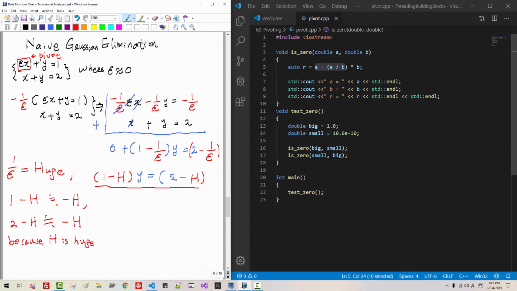So this equation becomes minus h y equals minus h. So y is approximately 1.